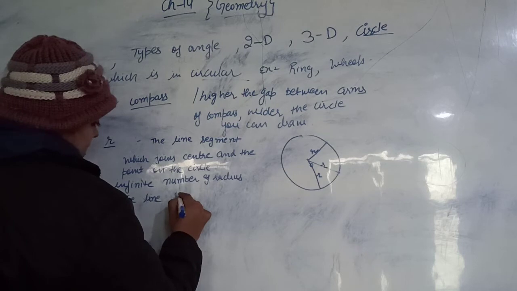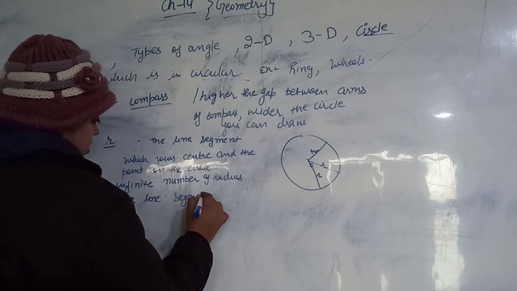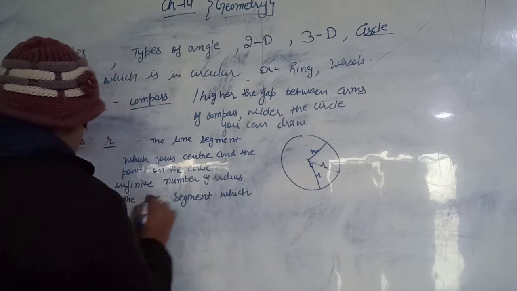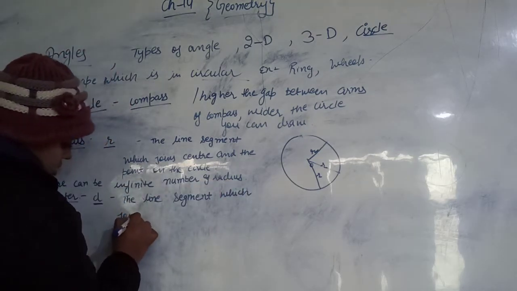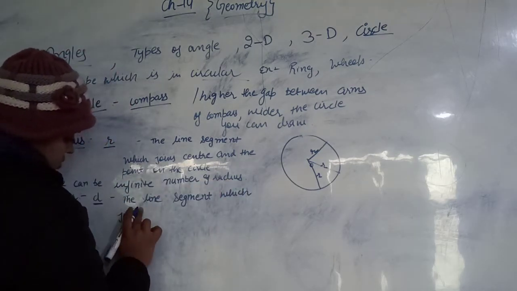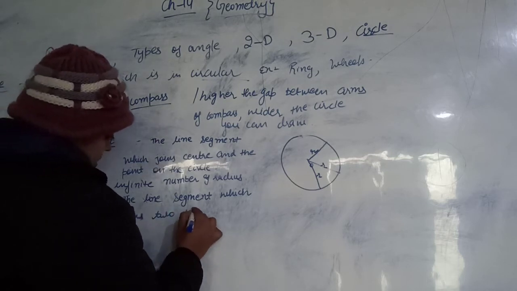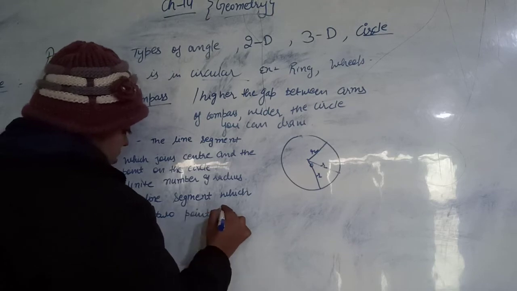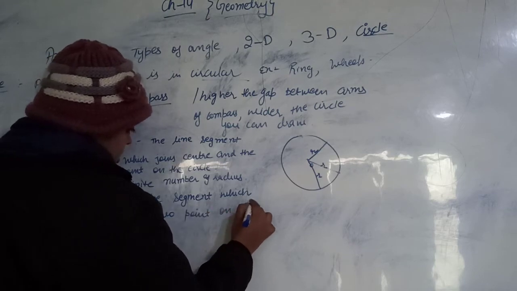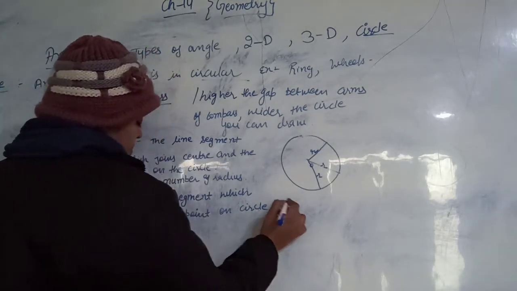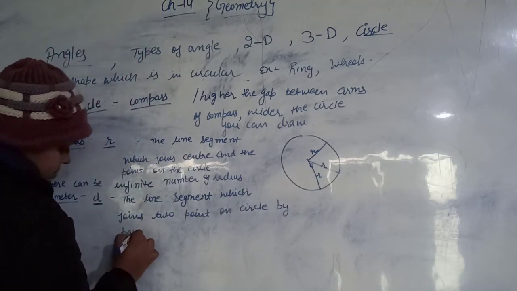So, diameter is a line segment which joins two points on the circle by passing through the center.